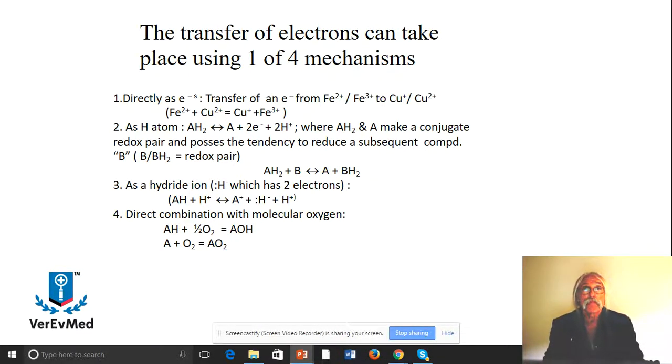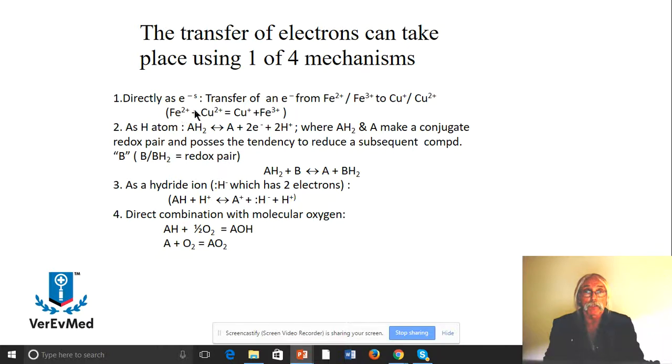Now remember, this is again going more abstract, back to more or less straightforward chemistry. How do we transfer electrons? We do it in one of 4 mechanisms. There's maybe a 5th one, but right now let's just talk about the 4. You have a direct electron transfer, as when we were talking about the galvanic cells moving from iron to copper, remember?